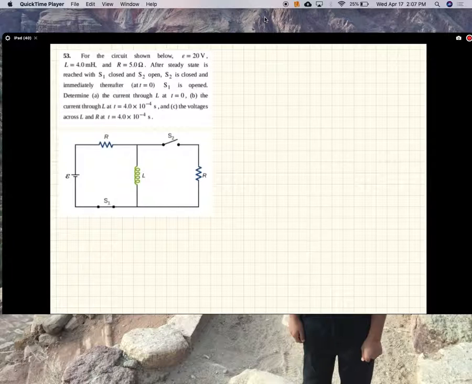Yeah, right. We do. It's just that I'm trying to figure out. Okay, so we'll open this and we'll close this, and I'm trying to figure out which direction the current will move.